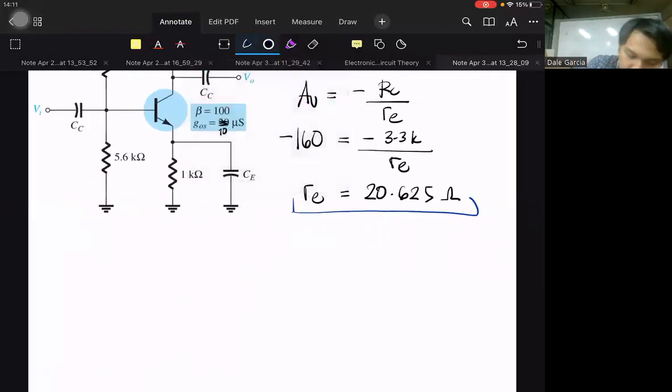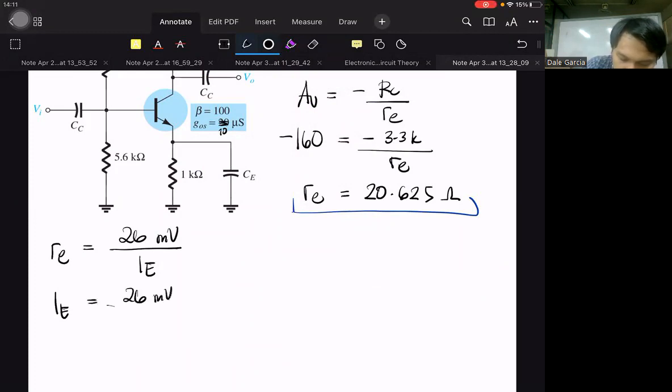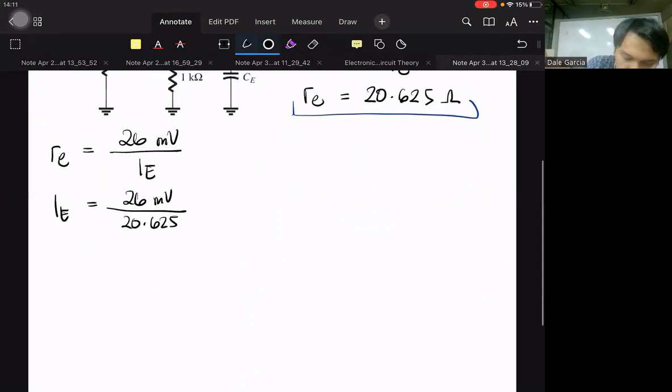Next, IE. Masolve na si IE dayon. RE is equal to 26 millivolts over IE. Constant na siya. IE then is equal to 26 millivolts over 20.625.